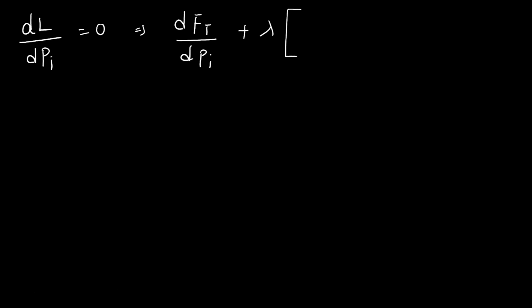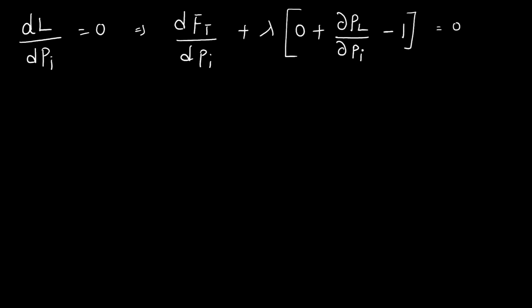dL by dPi is equal to 0, which implies dFT, the total fuel cost, by dPi, plus lambda into, the total load demand derivative is 0, plus dou PL by dou Pi, minus 1 is equal to 0.